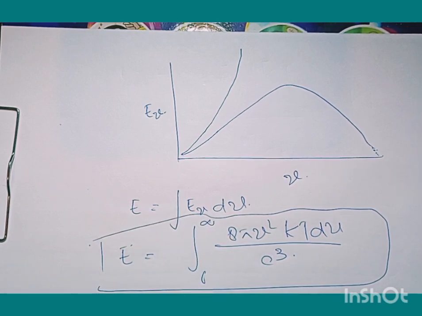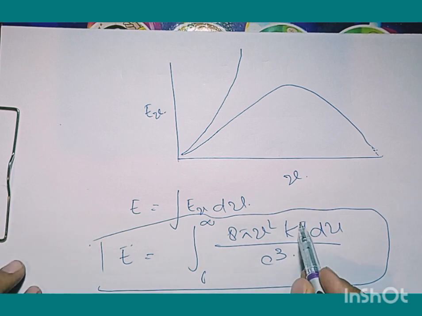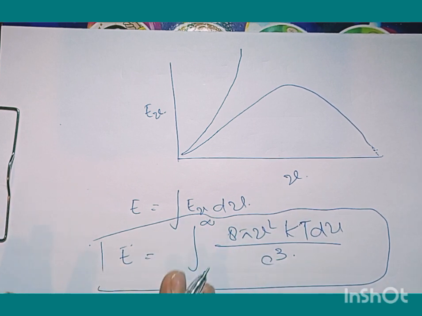Now, the value of this integral is infinity for any value of T. And this physically means that the total energy emitted by the black body per unit area, per unit time is infinite. It is infinite at all temperatures. And certainly this is a completely false conclusion.